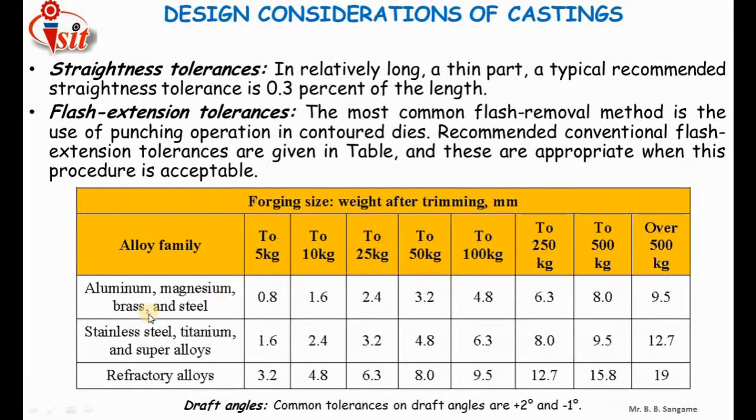For every material, aluminum, magnesium, brass, steel, stainless steel, titanium, superalloys, etc., according to the weight after trimming, the flash extension tolerances are provided in mm. You can observe that the flash extension tolerances are larger for ferrous alloys and refractory alloys compared to non-ferrous alloys.